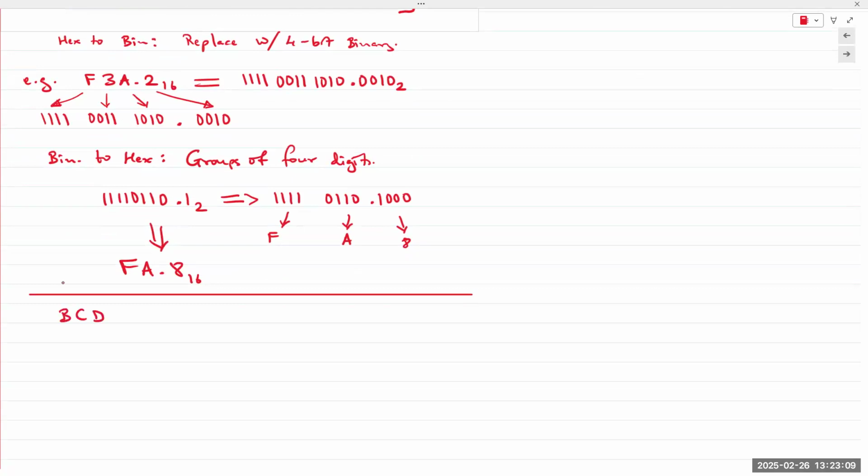So BCD is a numbering system that stands for binary coded decimal. In this number system, we simply take each decimal digit and represent it with its 4-bit binary equivalent, similar to the hexadecimal conversion.